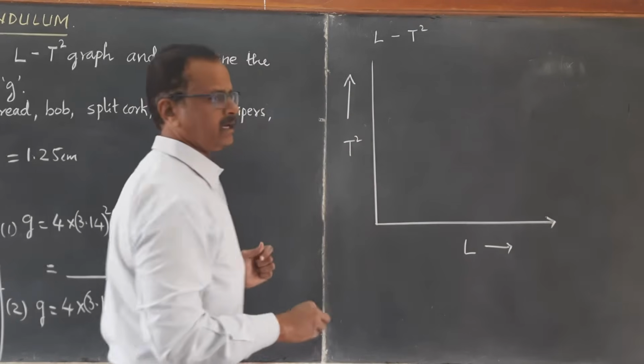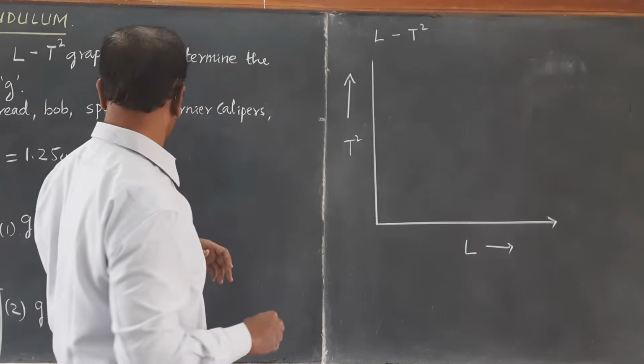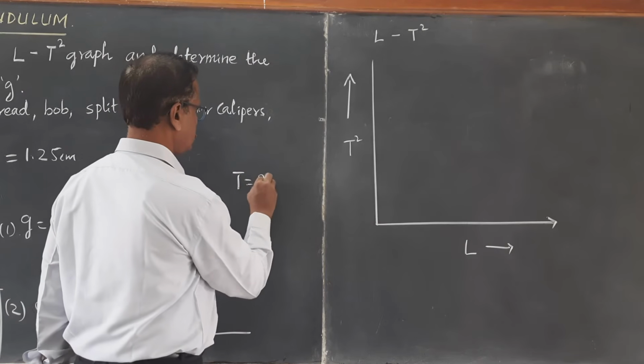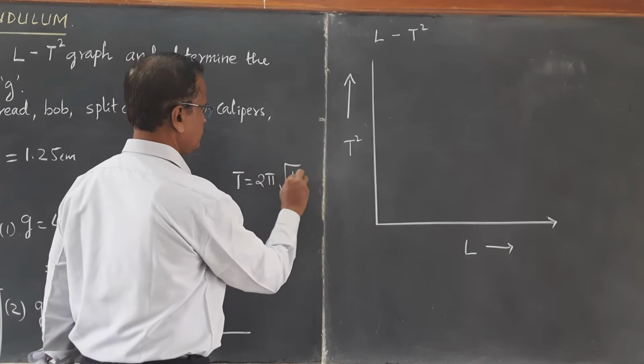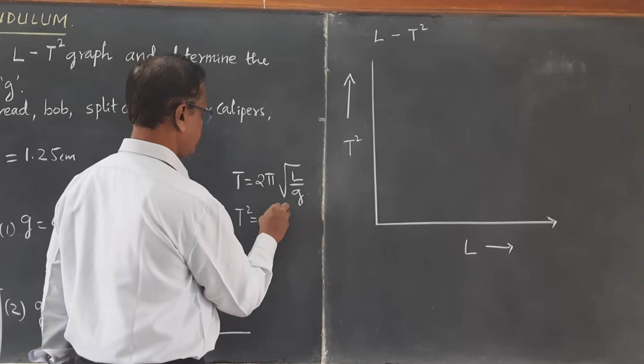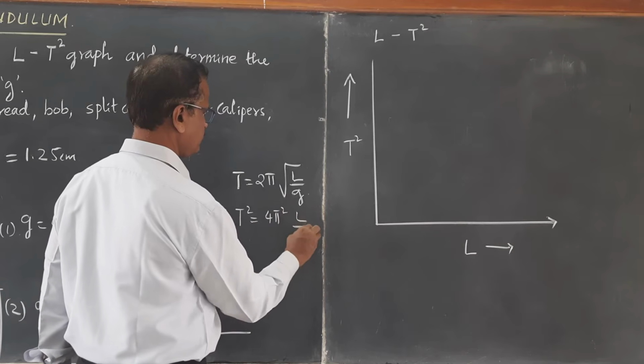You will find that length is directly proportional to t square, because you know t is equal to 2 pi square root of L by g. On squaring we get t square is equal to 4 pi square L by g.